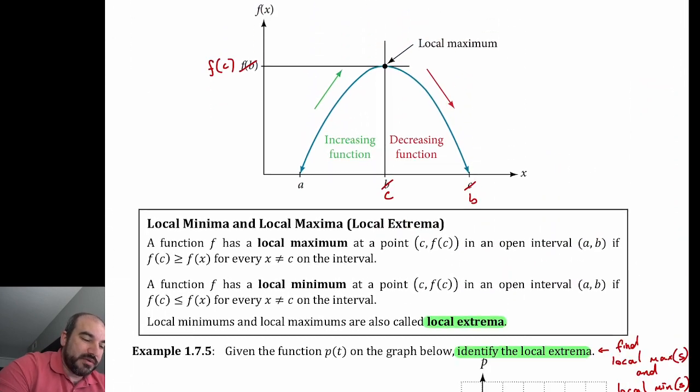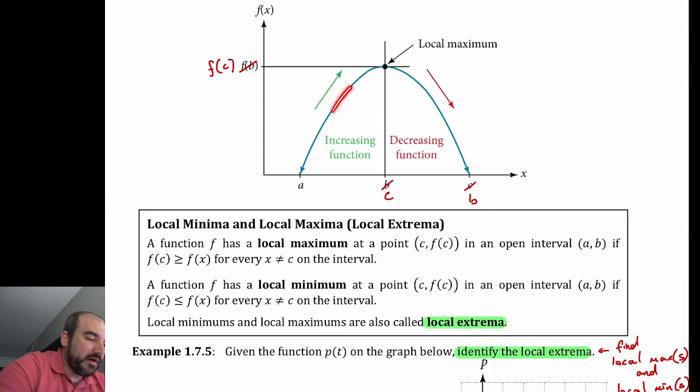Local maximums are in a place where the graph turns from increasing to decreasing. It's not just a high point. It's a high point where there is a window to look at. There is an interval around it that we can compare this point's height to, right? If this point is higher than all points in an open interval around it, which means there has to be a curve on both sides of it, there has to be points on both sides, then it's a local maximum.